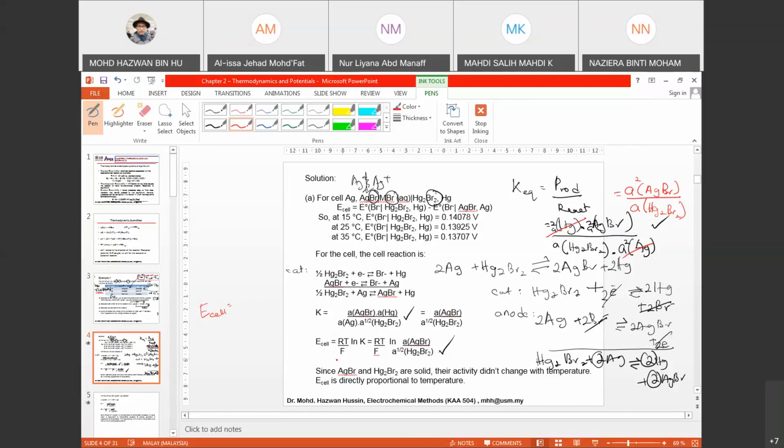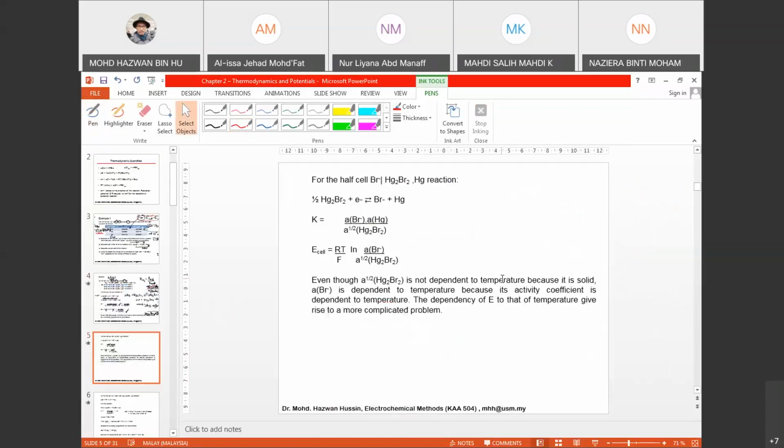Then you will get the cell representation: E cell is equal to RT over F ln of AgBr over a to the power of half Hg2Br2, or you can write it also this way. Since AgBr and Hg2Br2 are solids, their activity doesn't change with temperature. So E cell is directly proportional to the temperature. So this will be the first assumption.